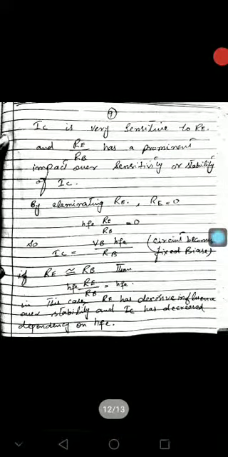So IC becomes equal to HFE VB over RB. This equation, IC equal to VB into HFE over RB, is just like the fixed bias circuit. So by removing RE from the circuit, our potential divider circuit behaves just like the fixed bias circuit. So RE has utmost importance in controlling IC.